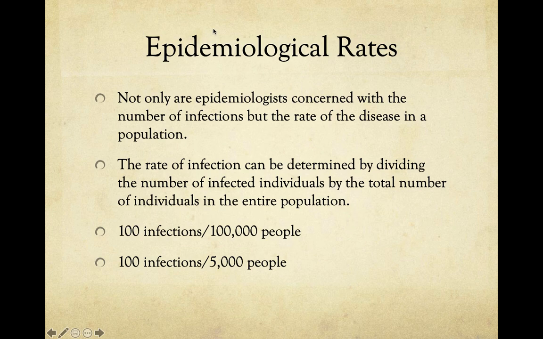Okay, so a couple of terms that are associated with epidemiology is the infection rate, or the rate of infection, how fast people are going to become infected, or how many infections you have. Take the number of infections in the area and divide it by the entire population. So if you have 100,000 people in your population and 100 infections, your infection rate would be, there you go, do the math.